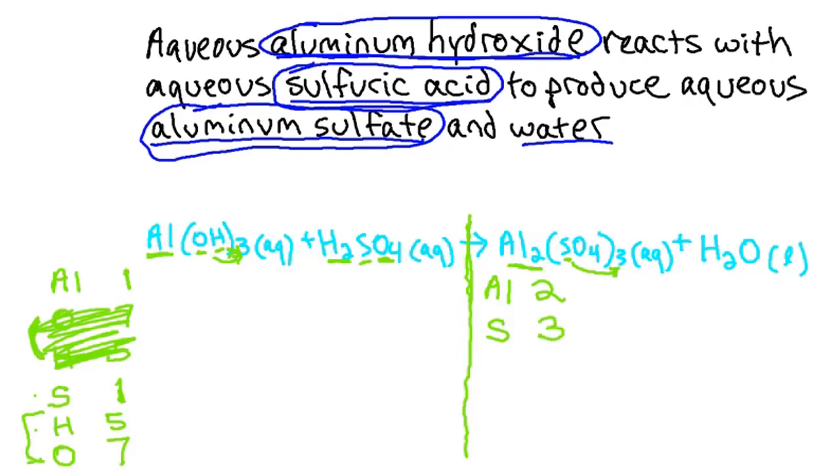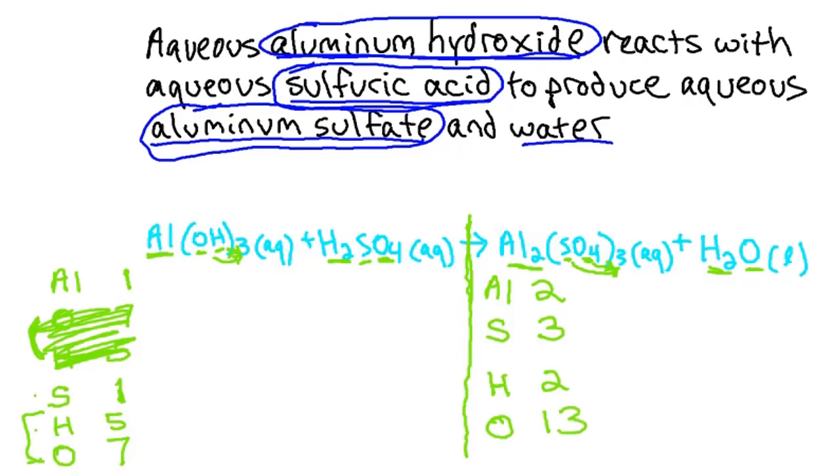And then save your hose for last, your hydrogen. Your hydrogen has 2 of them right here, so 2 hydrogens, and then your O's. Your O has 4 here, but you got to multiply it by the 3, so that's 12. And then you have another oxygen over here, so that's 13.